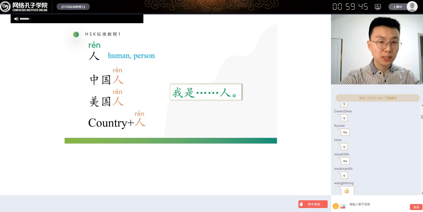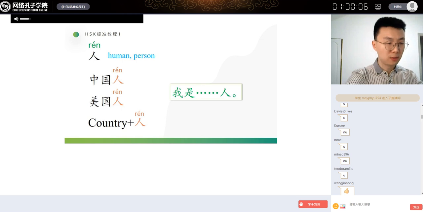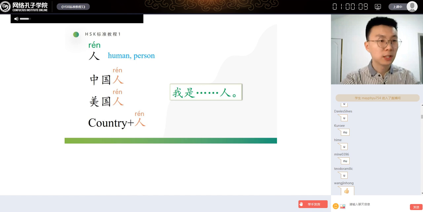Philippines，菲律宾，伊朗人，very good。我是尼泊尔人，very good。We have so many different countries students。Okay, we can use a country's name before 人 to introduce your nationality.